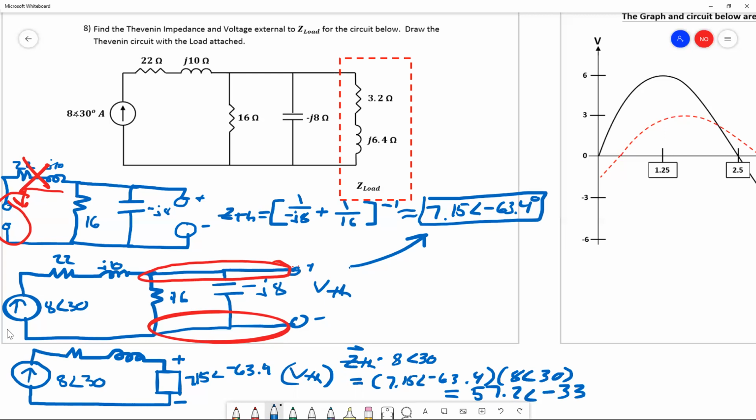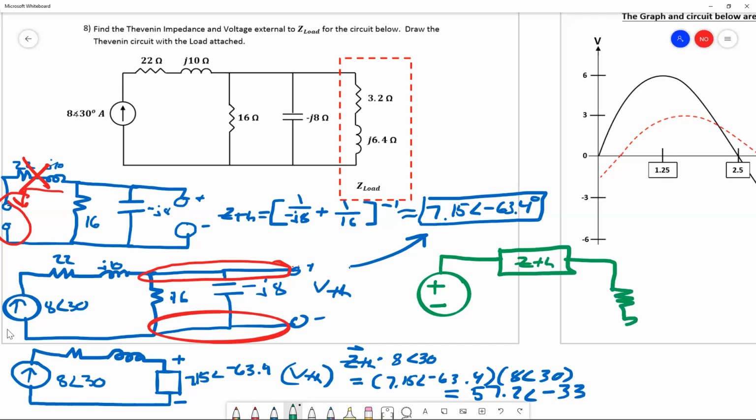So the last step is to redraw the circuit, the same way we always do. We'll have a voltage source with the Z Thevenin, and then the load, which in this case is a resistor and an inductor. Now we can redraw it to more closely match what we had before.